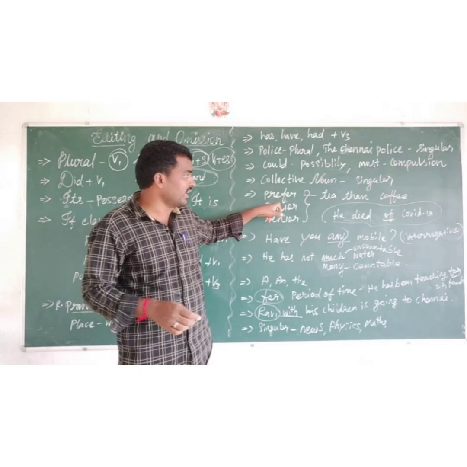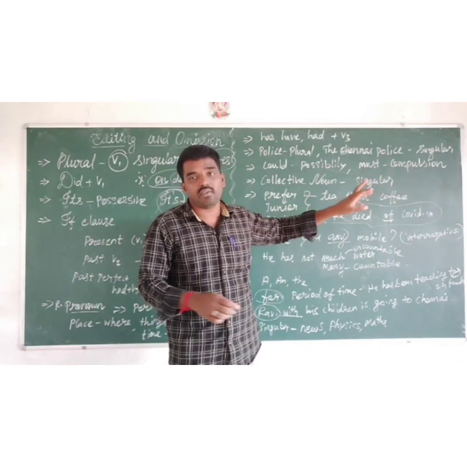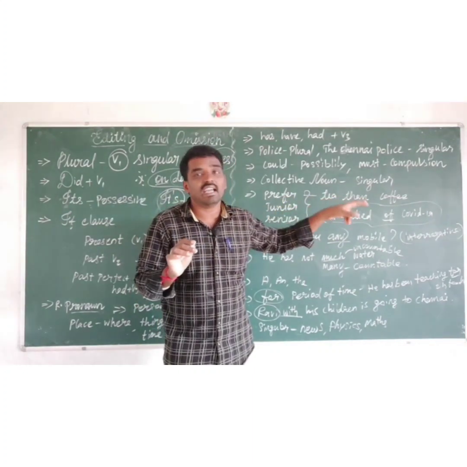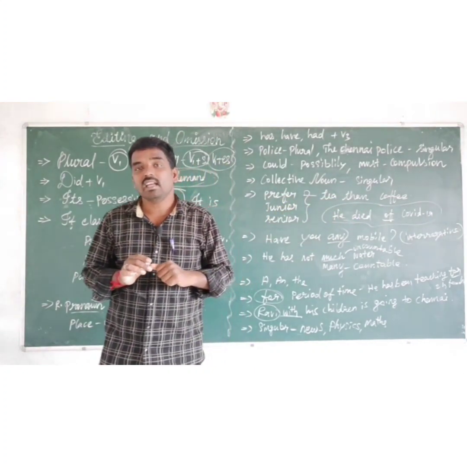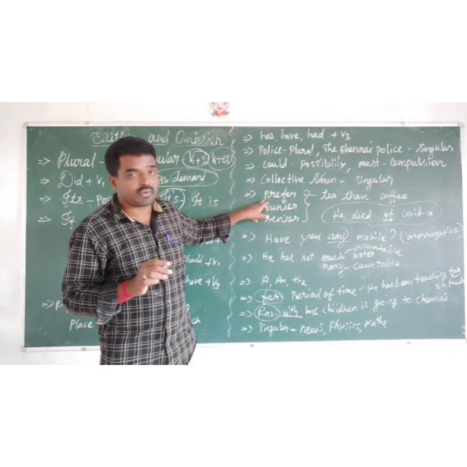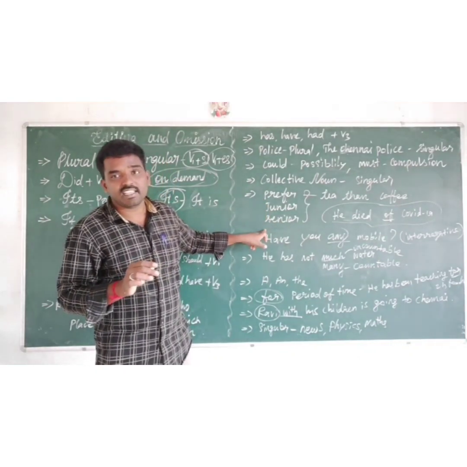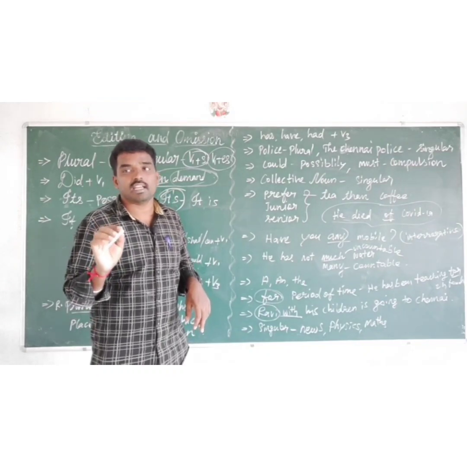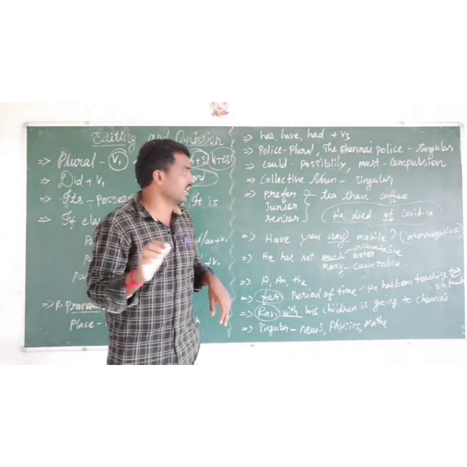I prefer tea or coffee, that is wrong. What we want to do? I prefer tea than coffee. For prefer, junior, senior, we want to use than. Can you understand?